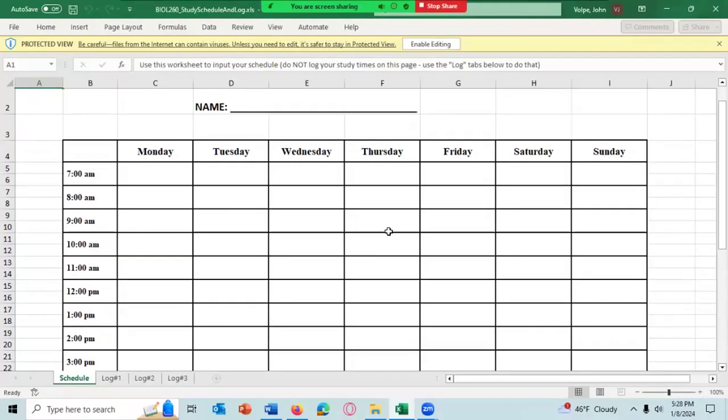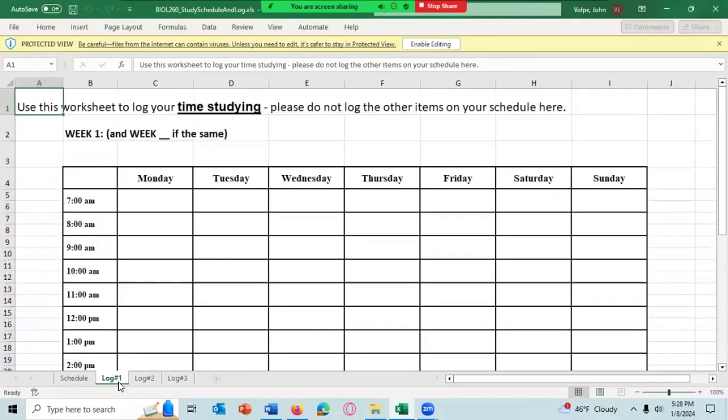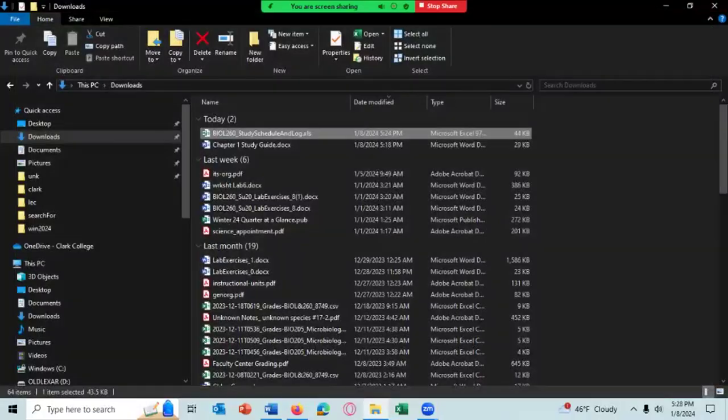So I do want both your daily schedule and your study schedule. This is something that the lead of microbiology invented to help you guys just plan on having a routine study schedule.